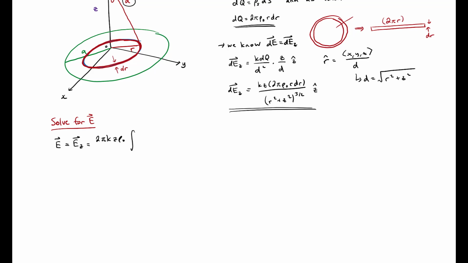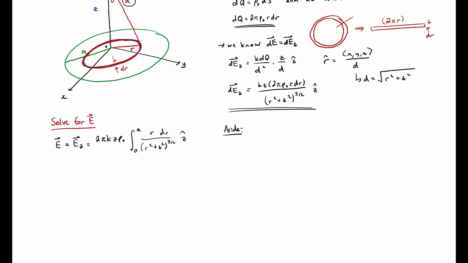Have the integral, and we know it's going to be from 0 to a, because dr is going to be from 0 to a of r over (r squared plus z squared) to the power of 3 over 2 dr in the z direction.